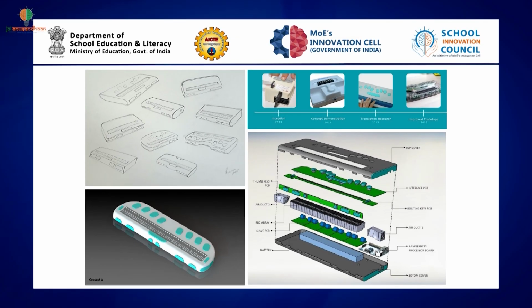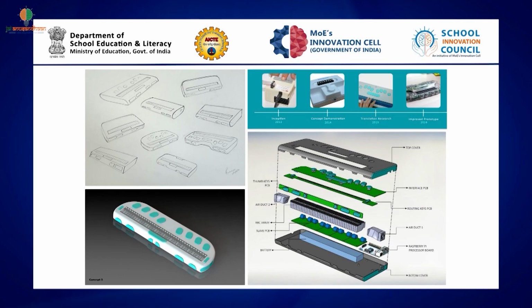So where will the PCB be, where will the venting systems be, where will the battery be, all of those things you have to plan, and all of that can also be done using a CAD model, or you can do other kinds of prototyping.